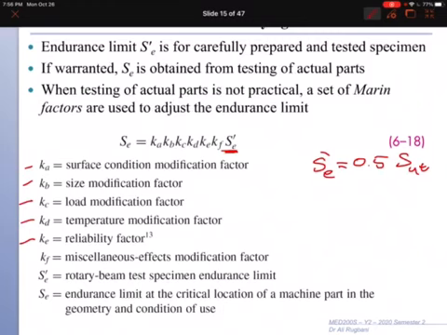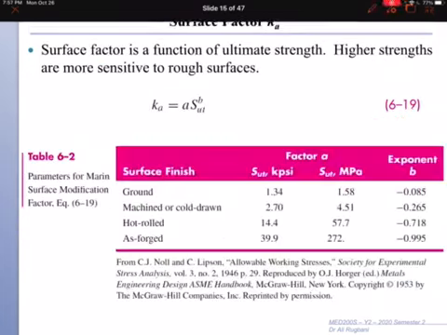If temperature is different than the ideal test temperature, then we need to apply Kd. Reliability and any other effects that are known, we can also add them to get the corrected and new endurance limit.